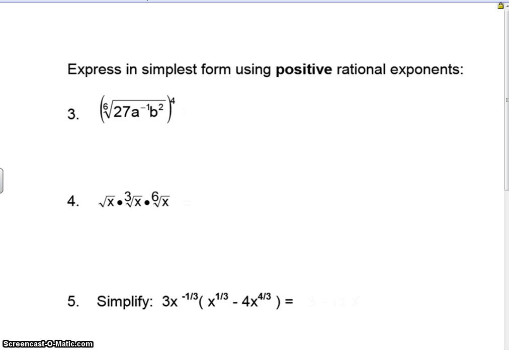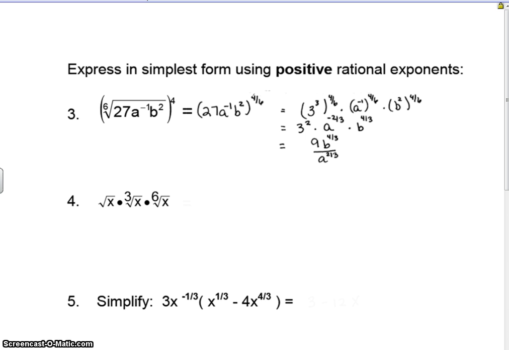Alright, express in the simplest form using rational exponents. We're going to start off by looking at the base. This is your base. If you look at the root, it is the 6th root, and the power is 4. So the rational exponent is going to be 4 over 6.